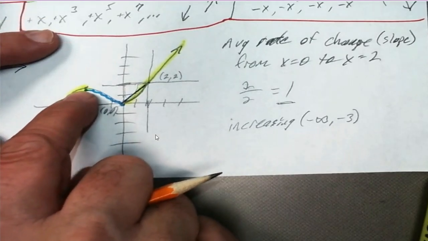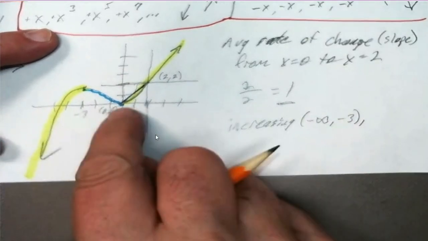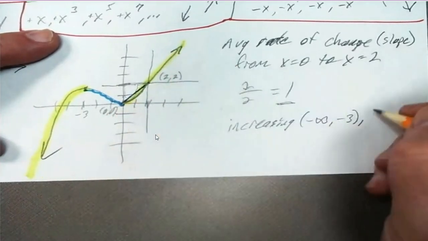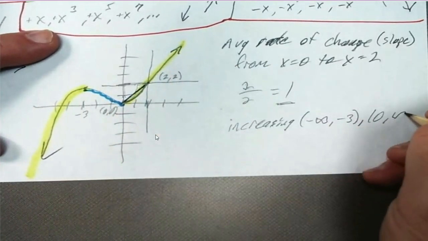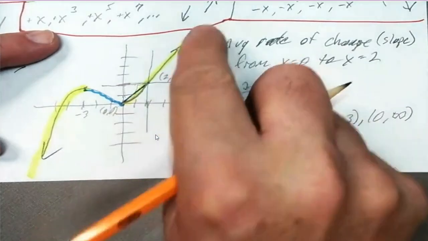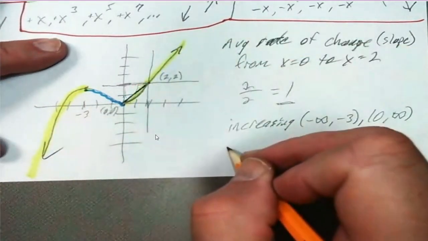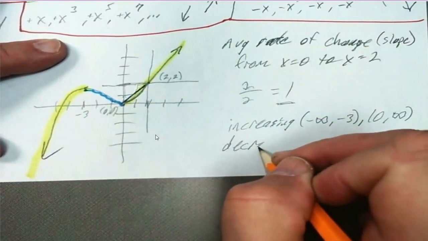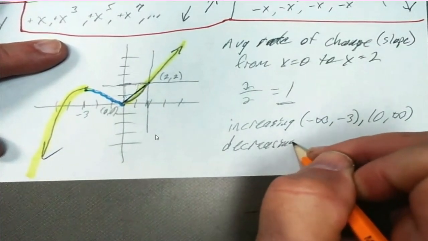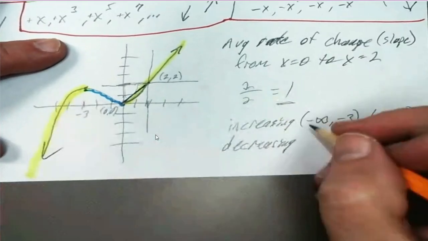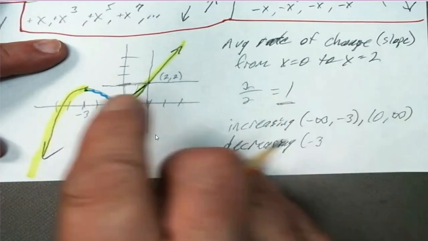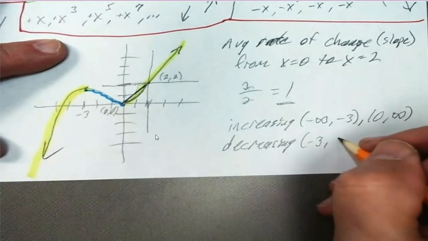Then it stops increasing. And then when it gets to 0, it increases again all the way to infinity. Where is it decreasing? Starts decreasing at -3. It decreases all the way until it hits 0.